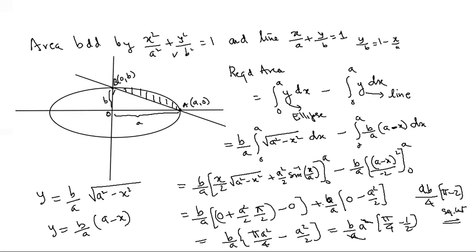Is this answer correct? They have written in this format, pi AB minus AB by 2, this format. And the 14th answer is B. We have not simplified like this.